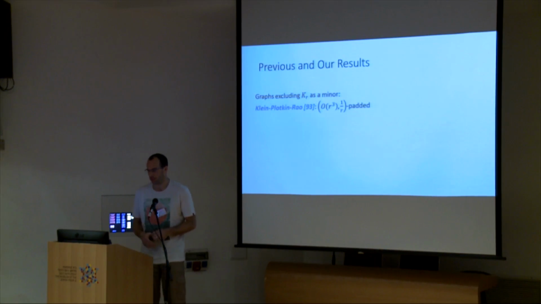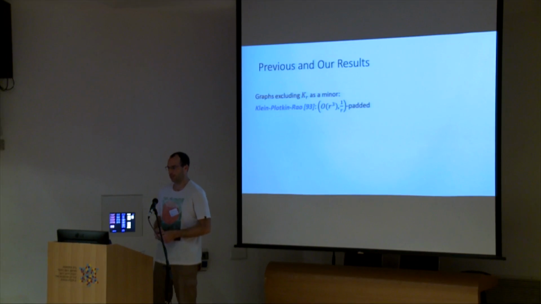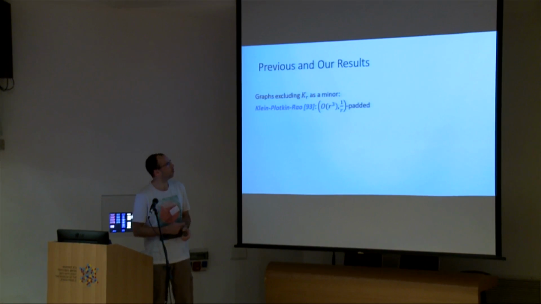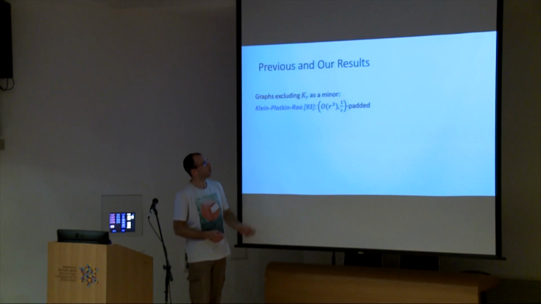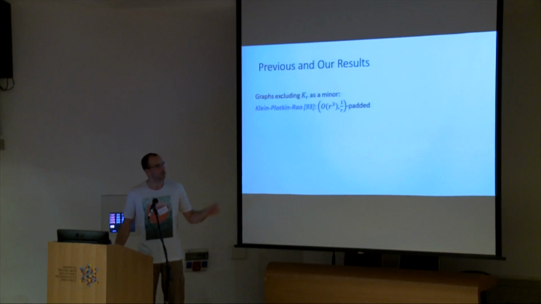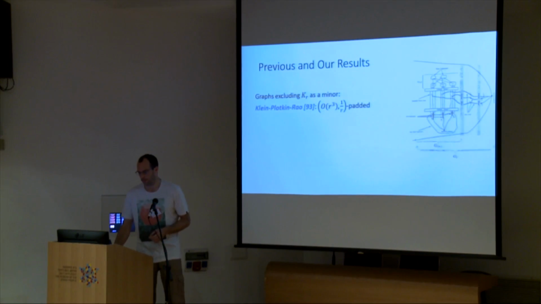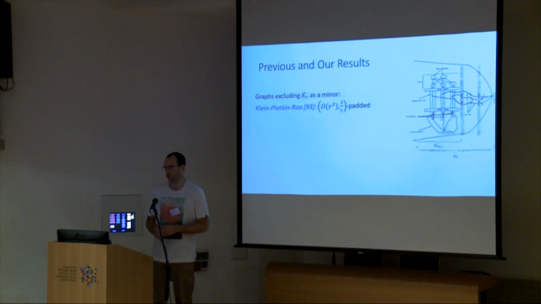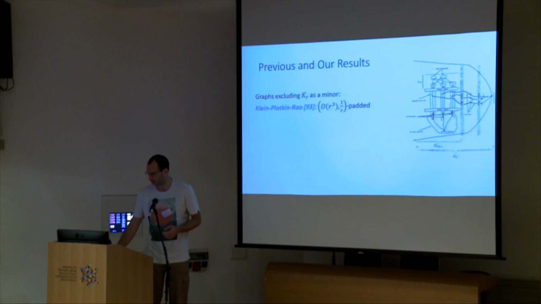So in a seminal paper, Klein, Plotkin, and Rao showed such a decomposition. They showed it in the context of the sparse cut problem, which obtained the R squared. That was the padding parameter, and the value of epsilon they had was 1 over R. The algorithm was quite intuitive, but the proof was somewhat, this is a picture from their paper, I think, quite complicated.